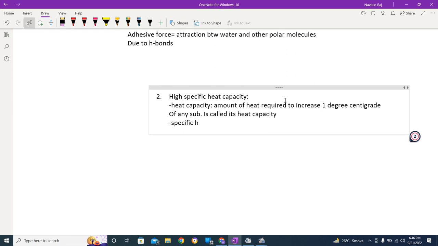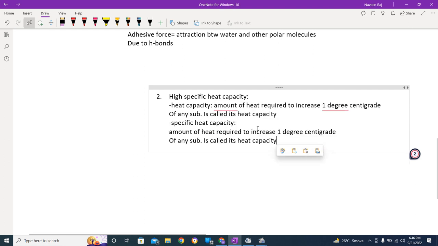Specific heat capacity. Let me copy this from here to here, and I'll make very few changes to it. The amount of heat required to increase one degree centigrade of a specific substance. See how easy it is.